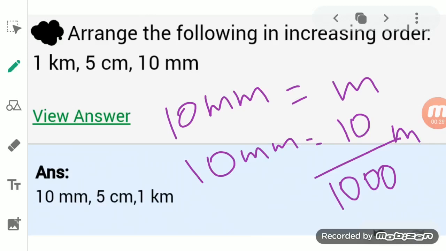So 10 millimeter will be equal to 10 by 1000 meter. That will be meter only.